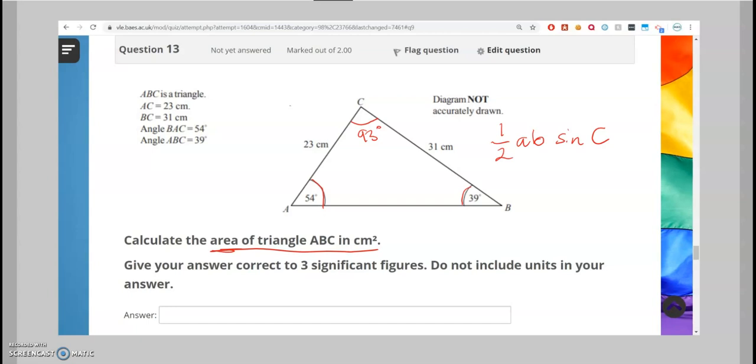So the area is half AB sine C. Let's label A and B, so it could be any of these two.